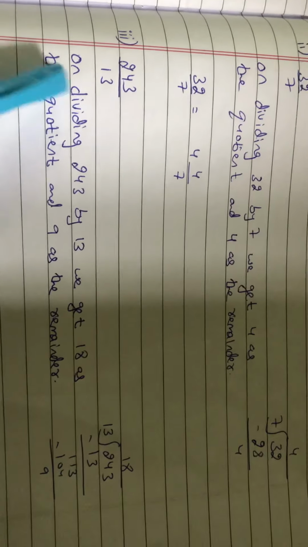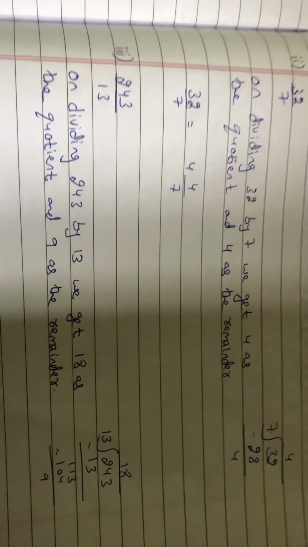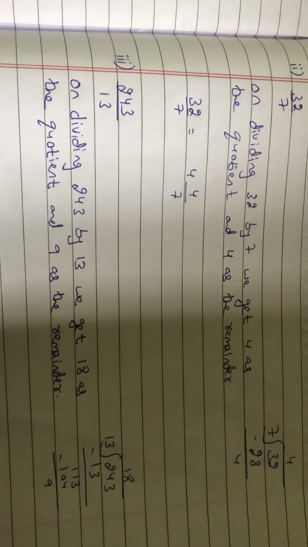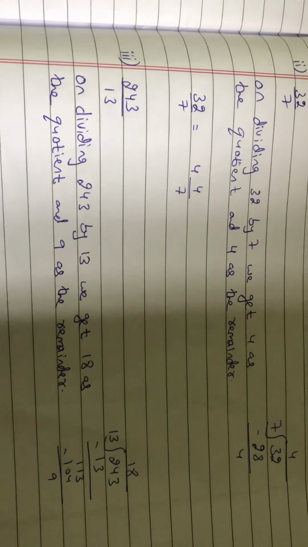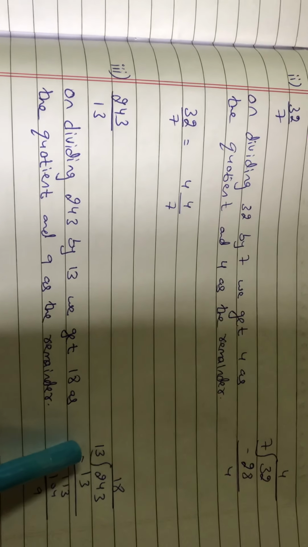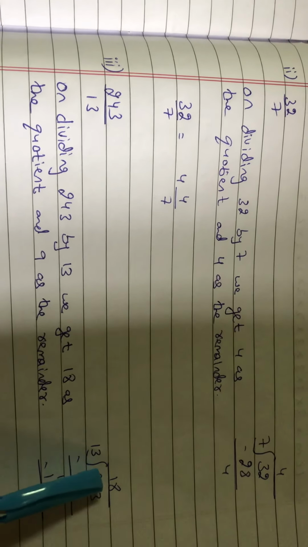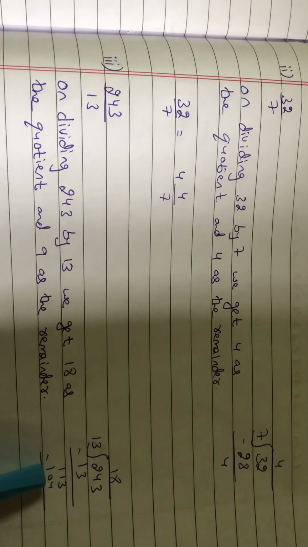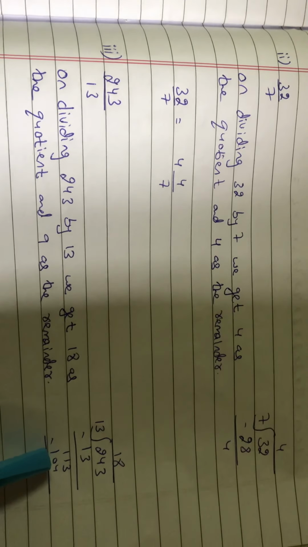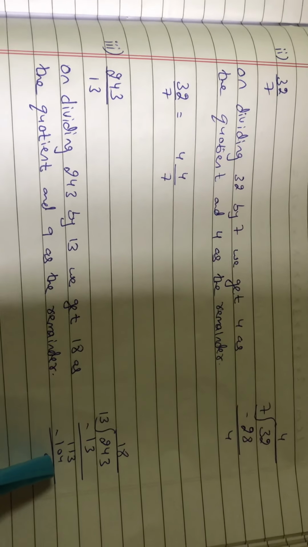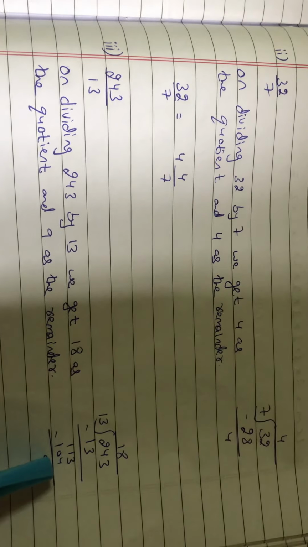Third, 243 divided by 13. So 243 divided by 13. First 13 ones are 13. The remainder is 11. 3 comes down. 13 8s are 104. The remainder is 9.